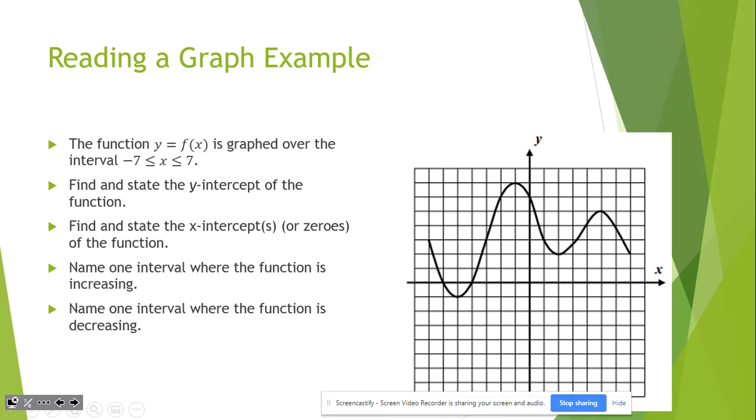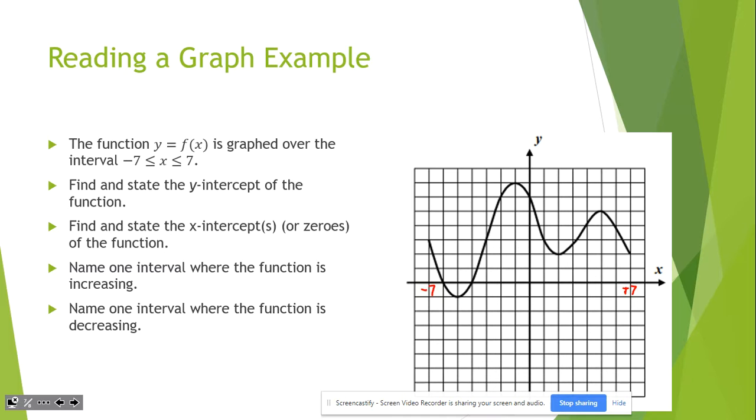This is a reading of the graph example. The function y equals f of x is graphed over the interval -7 is less than or equal to x, which is less than or equal to 7. That's inequality notation. What that's stating is the x values that I'm graphing this over start at -7 and go up to +7, as you can clearly see.